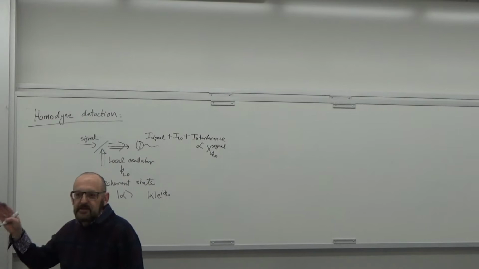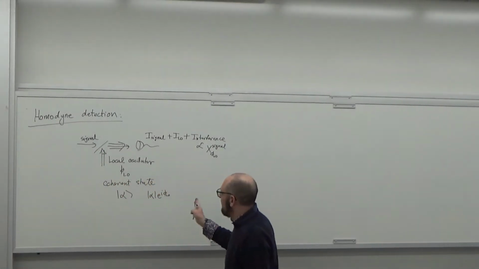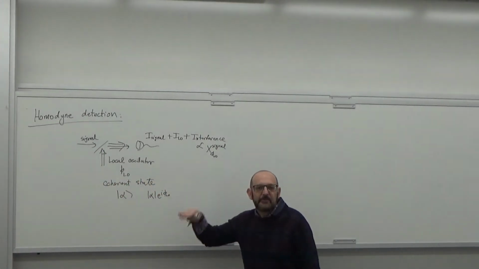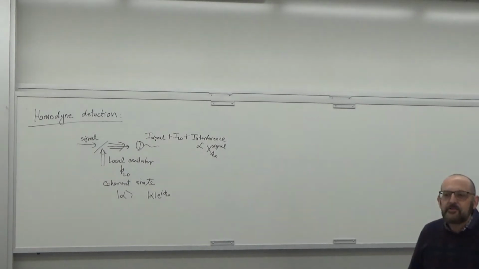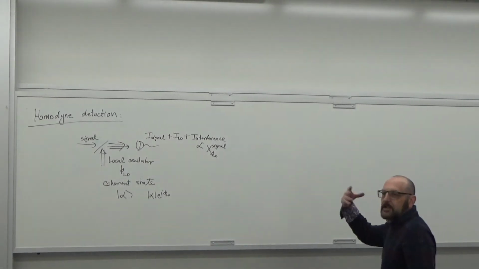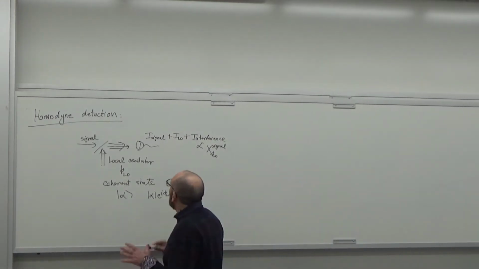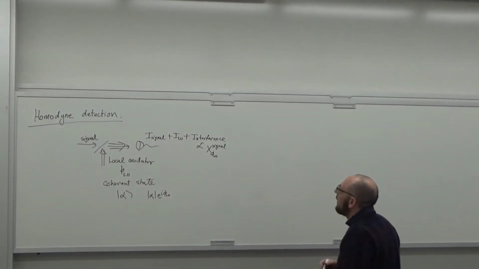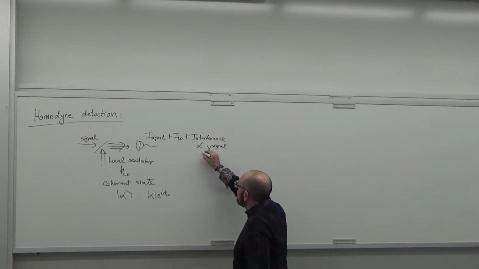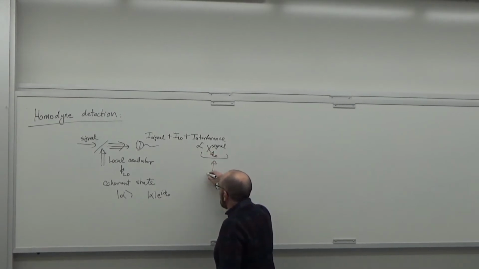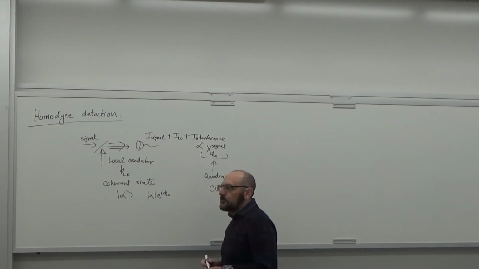If the beam splitter gives you a phase, then you would shift the phase of the local oscillator, but let's just ignore that fact for the moment. Conceptually, this is the important point. Okay? And so the important point of a homodyne detector is that it is a way of measuring quadratures, or CV variables, continuous variables.